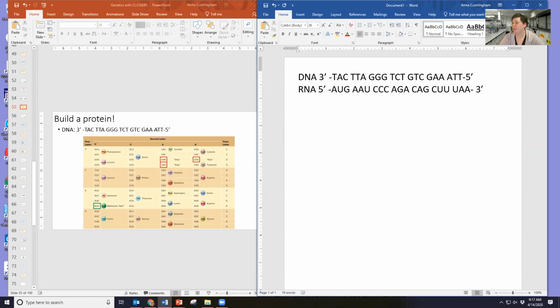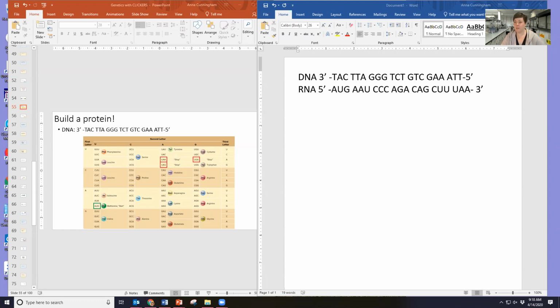If you don't have them memorized, can you find them in the chart? Here's what you need to memorize: the complementary bases. For example, A to T in DNA, or U to A in RNA, and C to G in both DNA and RNA. But you do not have to memorize the codon table.